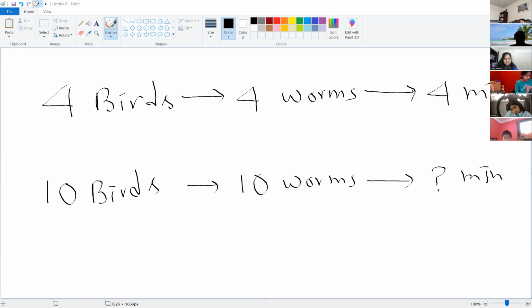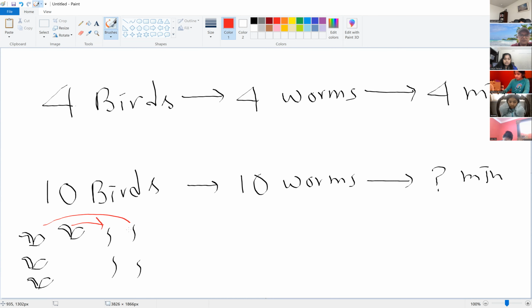That's the logical explanation. So think about these are 4 birds, and they are eating 4 worms. So what are they actually doing? This bird is eating 1 worm, this is 1, this is 1, and this is 1. And this whole process is taking 4 minutes, right?